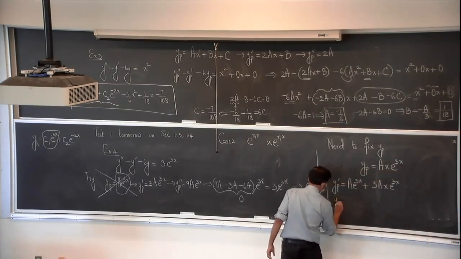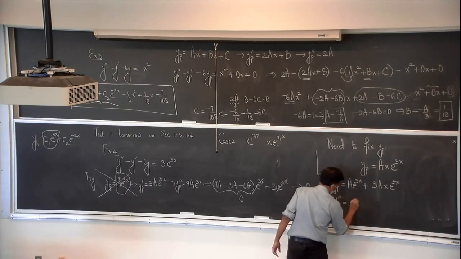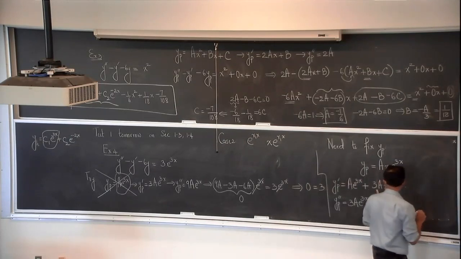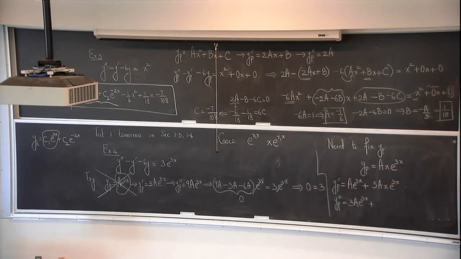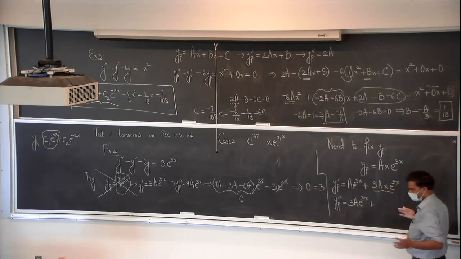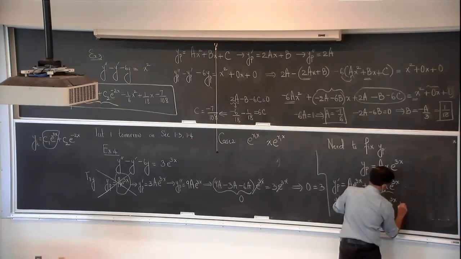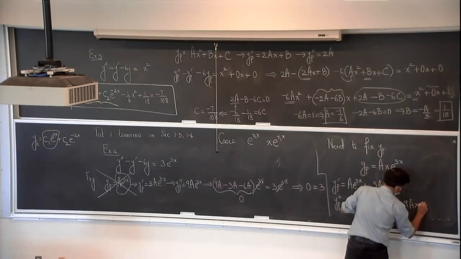So yp double prime would be 3a e to the 3x, again product rule here. So you can see the problem gets a little lengthier. That's going to be 3a e to the 3x plus 9ax e to the 3x.